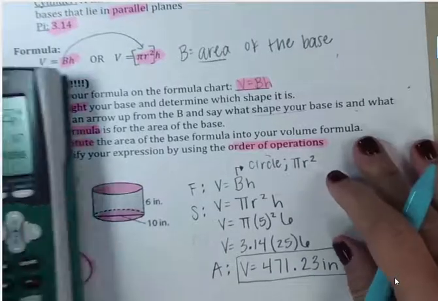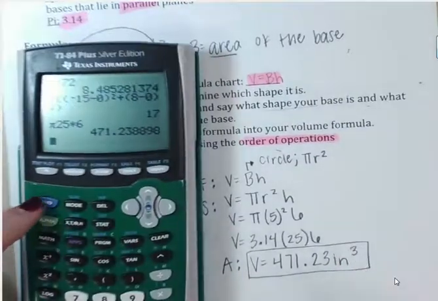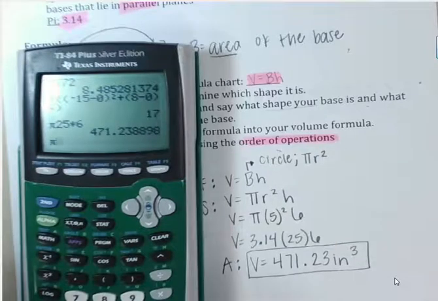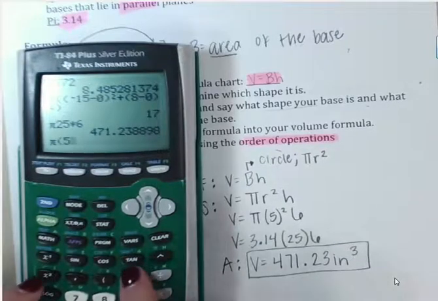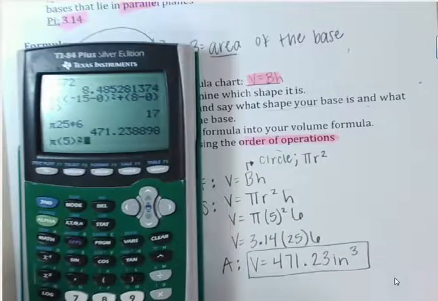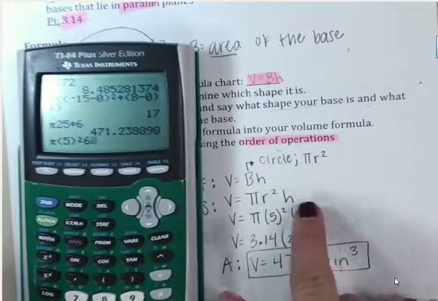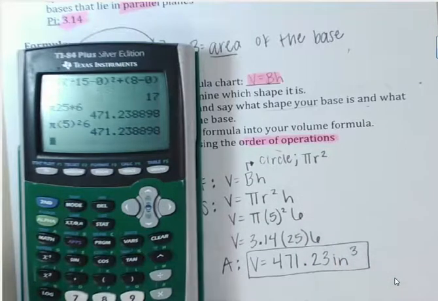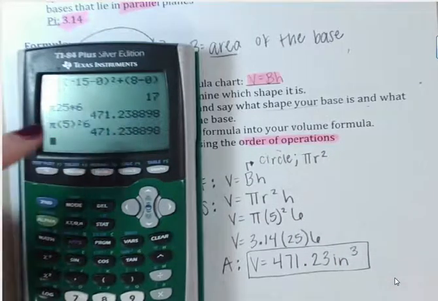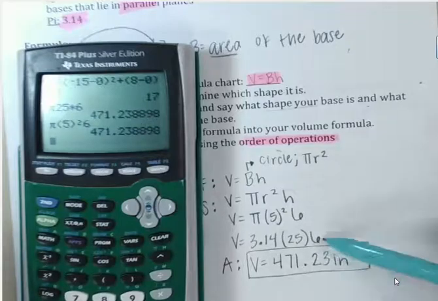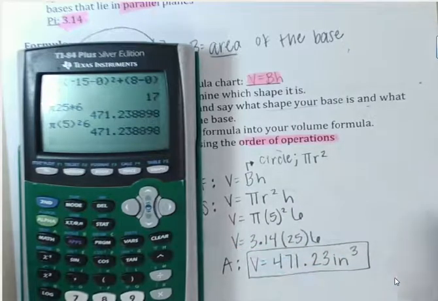Okay, if you want to put it in a different way, you can do pi times 5 squared times 6. Exactly what I just did before. Press enter, and you get the same exact thing. So you can pretty much eliminate this entire step if you choose.